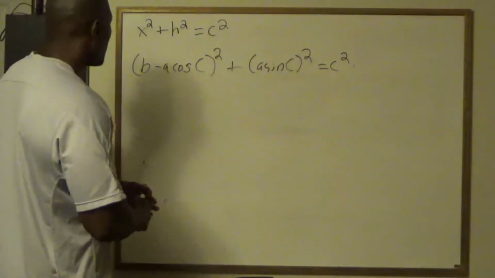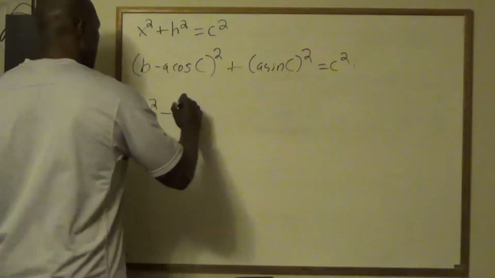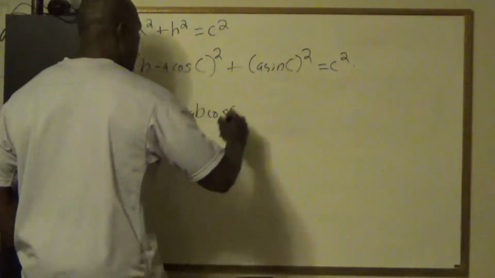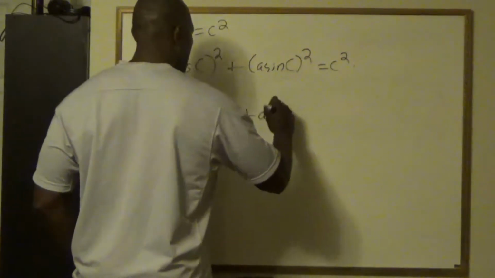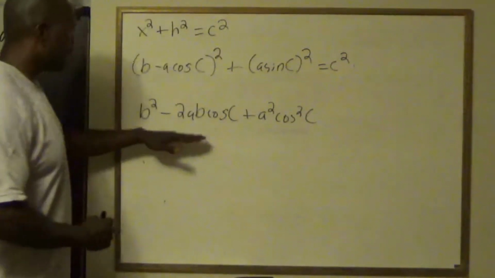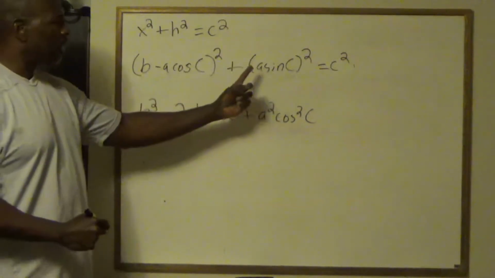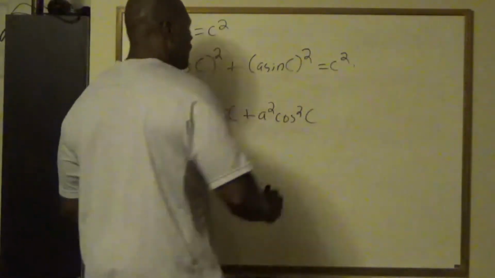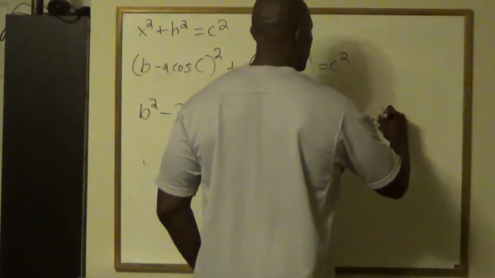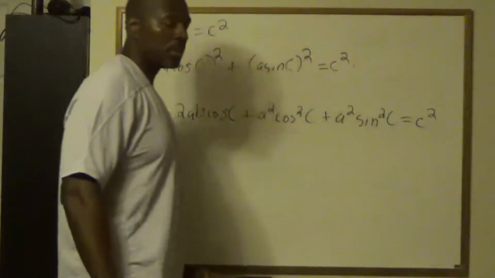And so if I square this guy, I should get b squared minus 2ab cosine c plus a squared cosine squared c. So that's the expansion of this one. This one is just a monomial, so I'm just going to square both terms, plus a squared sine squared c, and all this should equal c squared, of course.